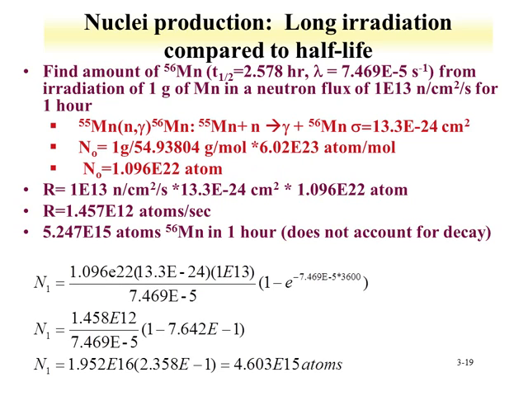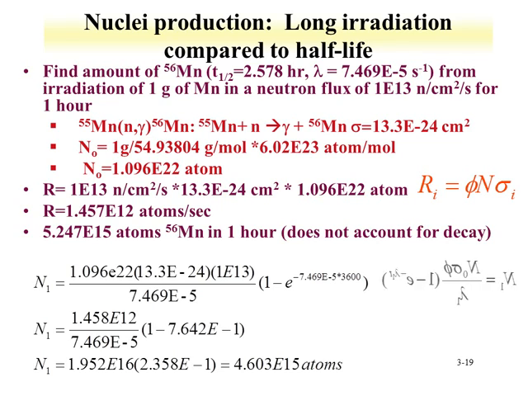Now let's plug this into our simplified equation here. We get atoms per second, with 3,600 seconds in an hour. We say that we make 5.2 times 10 to the 15th atoms of manganese-56 in 1 hour. This equation does not account for decay.